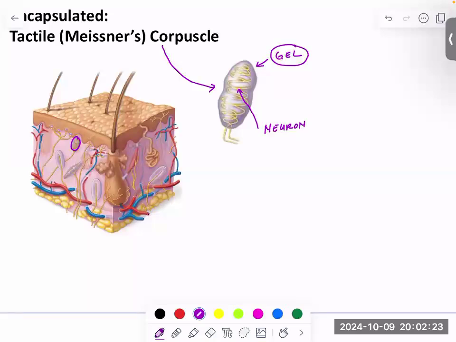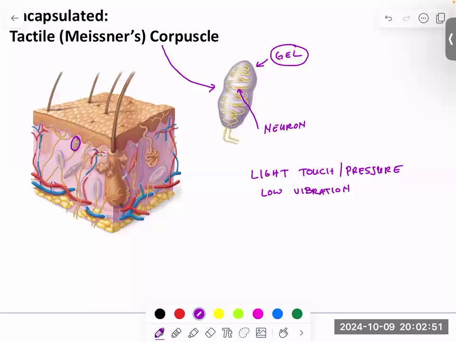These are designed to detect another form of light touch, or what we say light pressures on the skin, because it moves the gel when you get a little bit of pressure on the skin. It deforms the gel, therefore the neuron detects it. You can also say low vibrations at the skin.